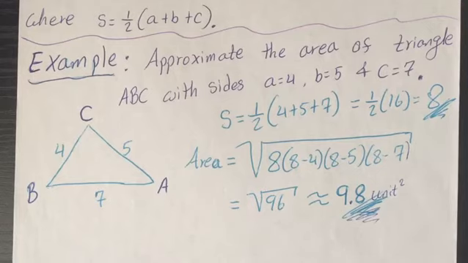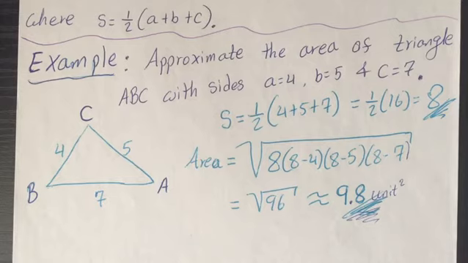Now, let's suppose I want to find the angle of ABC. Because I know all the 3 sides here, I'm going to have to end up using the law of cosines. So always use the law of cosines if you know all the 3 sides or the 2 sides and the angle between.